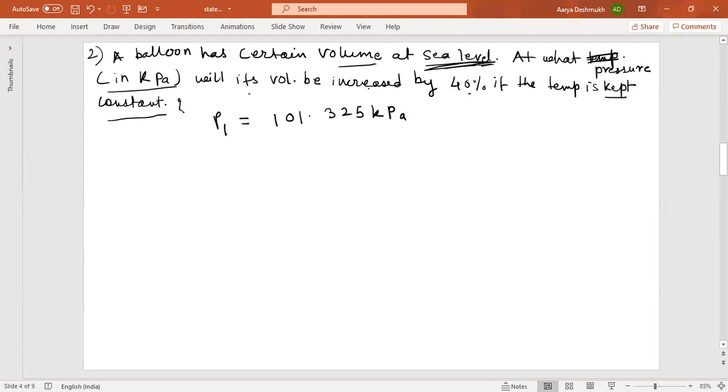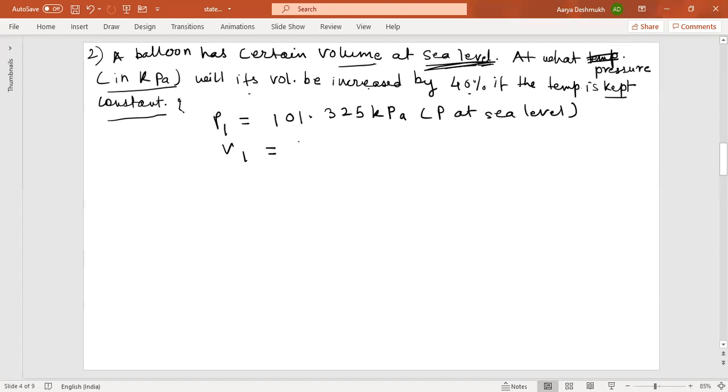This I explained from the first slide in the beginning of the lecture. Now V1, that is the initial volume at sea level.